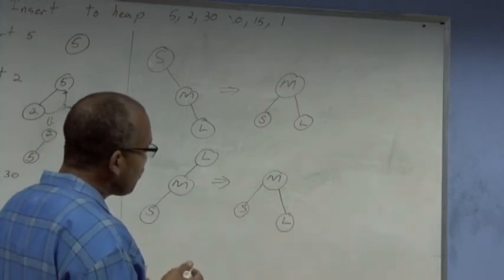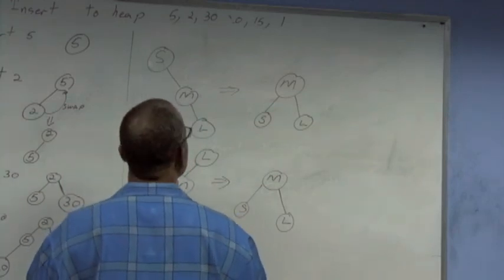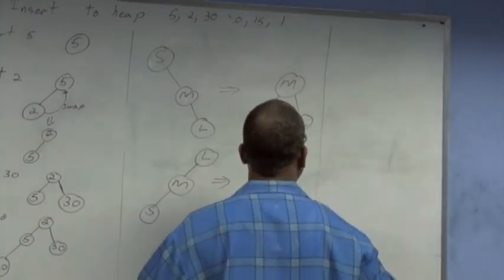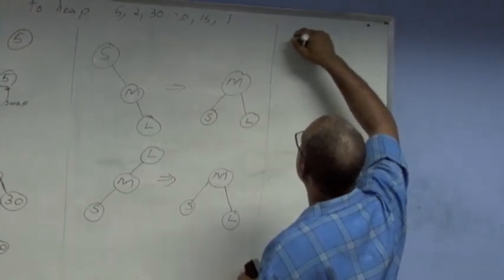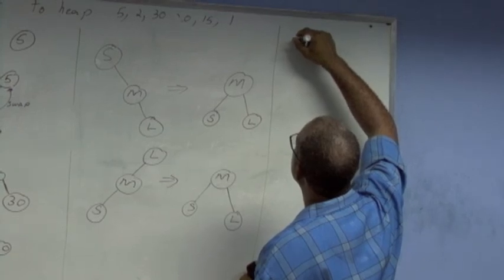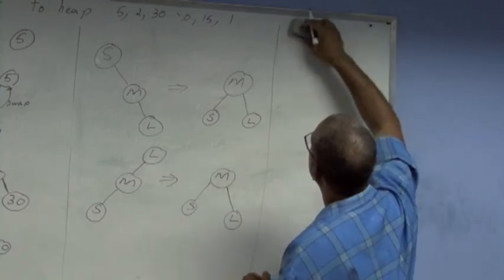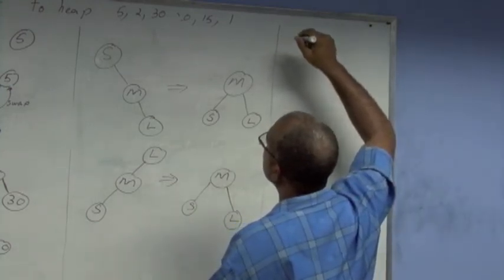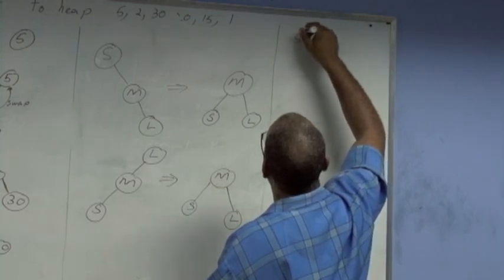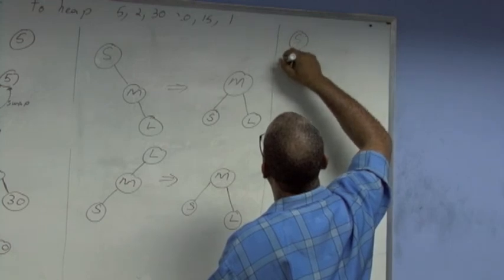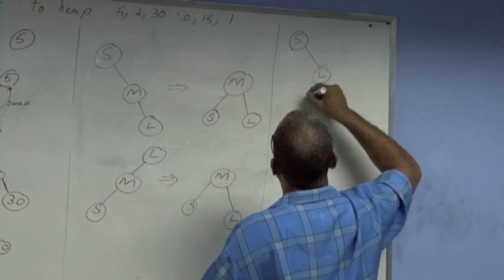Now there are 2 other configurations that you need to worry about. You could have something like small here, and large could be over here, and medium here.